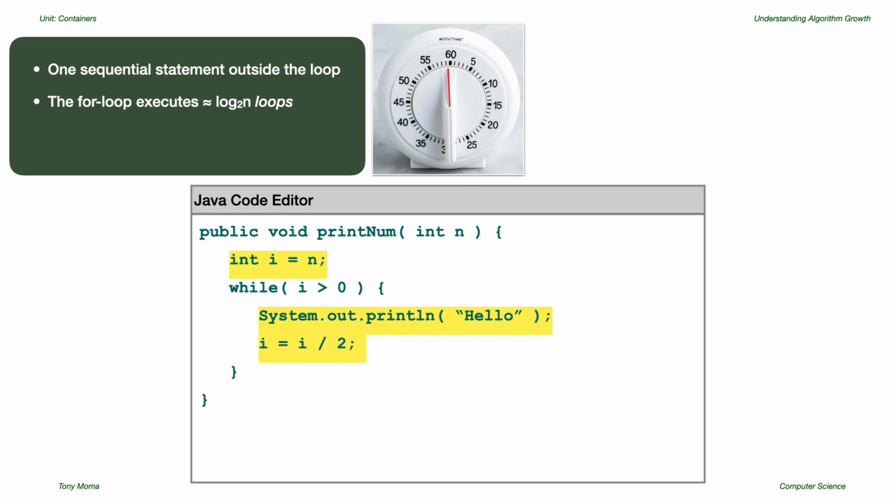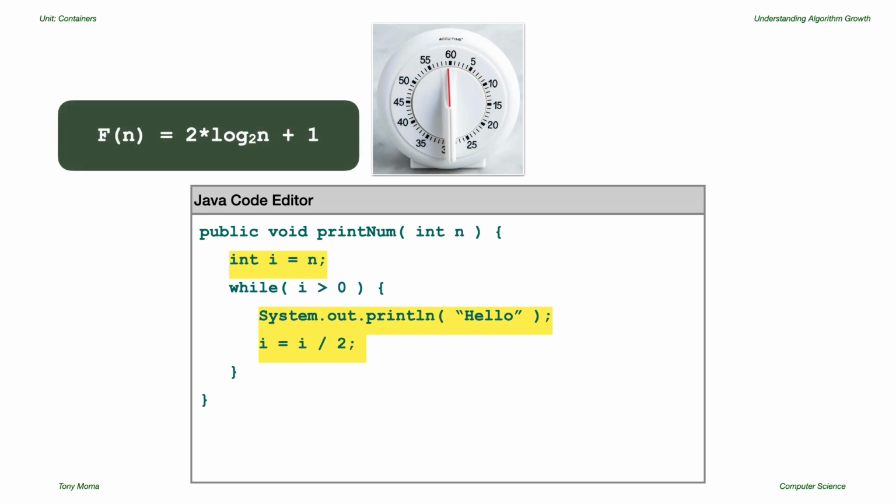The exact amount would actually be log base 2 of n plus 1. But for the purposes of this course, it'll be enough to just simply say log base 2 of n. Then last but not least, the number of statements inside of the loop is 2. So multiply 2 times the number of loops plus the one sequential statement. Then for f of n, we get 2 times log base 2 of n plus 1 as our final running time.